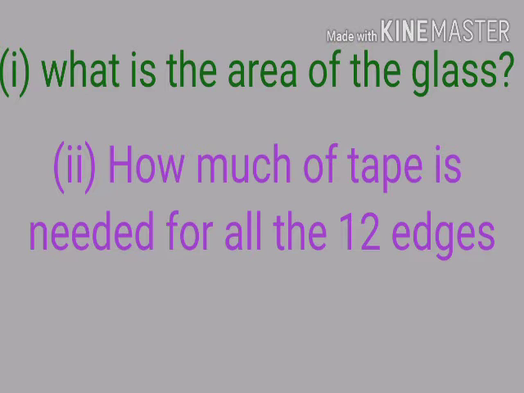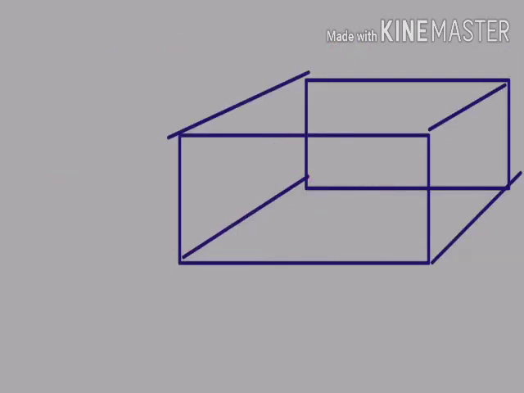Okay, then in this question it is given that the indoor greenhouse is in the shape of a cuboid. Length, breadth and height are given. Then in the question it is also mentioned that it is made entirely of glass panes including base. Including base means top and bottom.